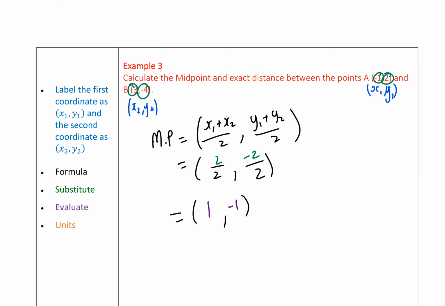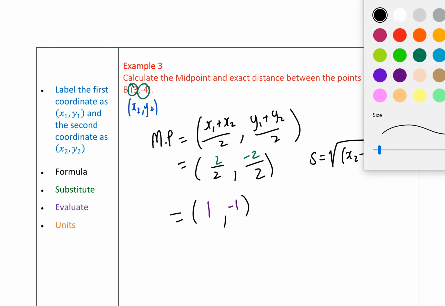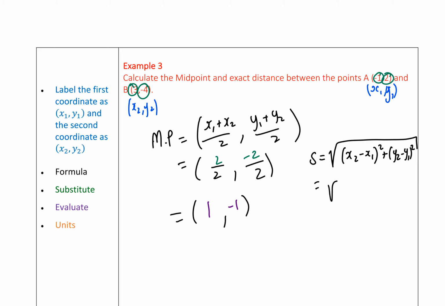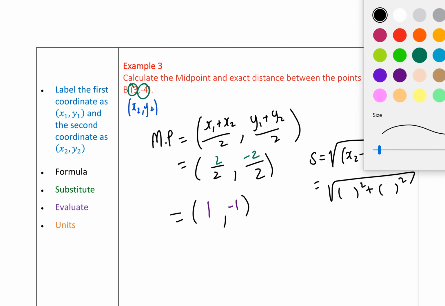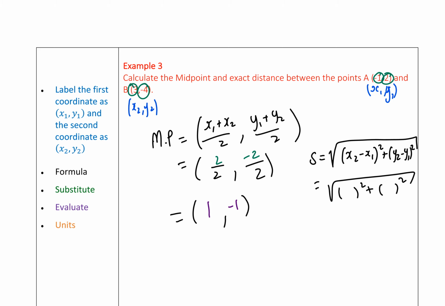However, for the distance, we might think our distance s is equal to the square root of x2 minus x1 squared plus y2 minus y1 squared. Now in class we'll do the proof for why this is, but it's just Pythag theorem. If I sub in what we have, something squared plus something squared, well, x2 was 3 minus negative 1 is positive 4.